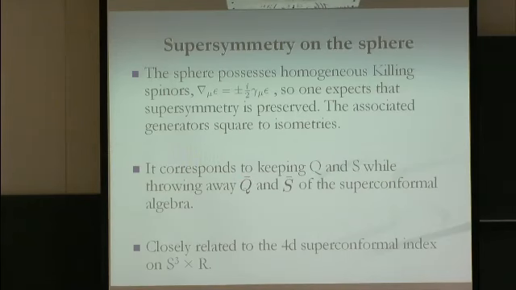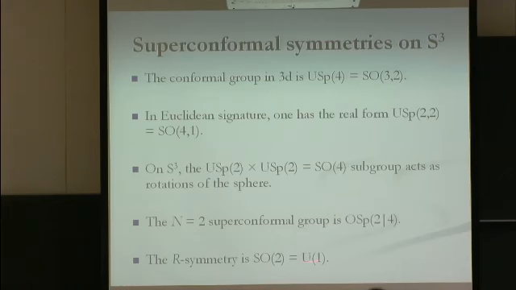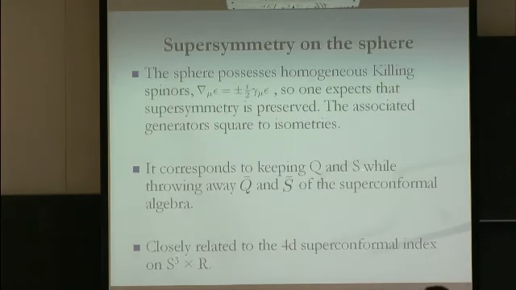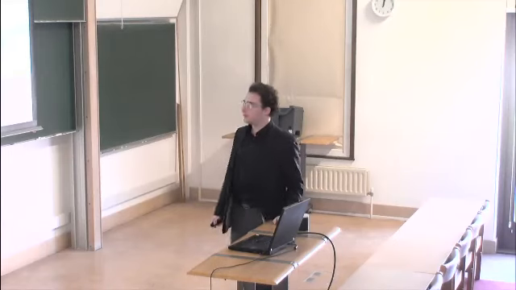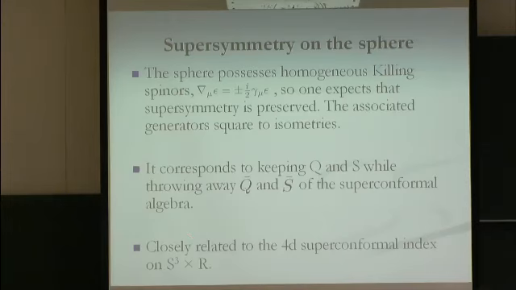From the point of view of this algebra, it's like keeping Q and S and throwing away Q bar and S bar. Sounds like a weird thing to do, but in Euclidean signature, that's fine. And it's of course also closely related to the 4D superconformal index.